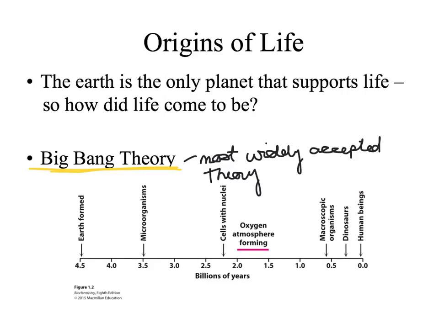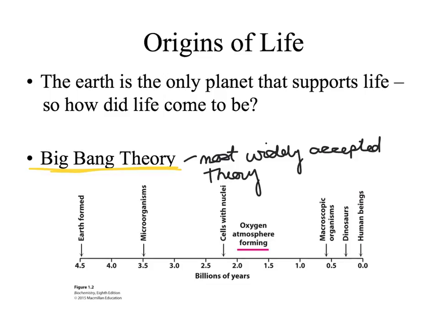So this says that the early universe had very high temperatures, and that the average temperature of the universe has really been decreasing ever since because of expansion. And because of this, it has allowed for formation of stars and planets. So in this Big Bang Theory, all matter was originally confined to a very small space.